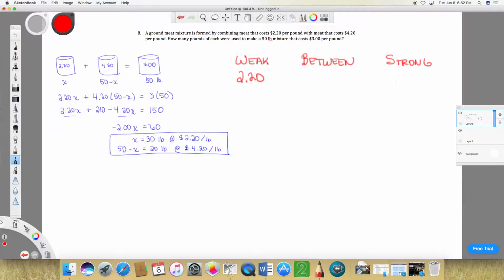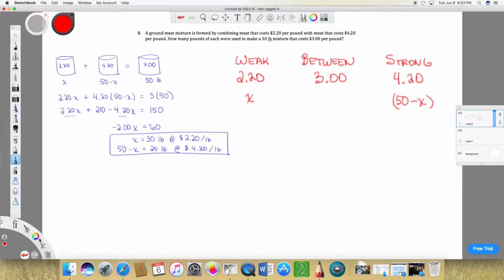The strong was $4.20 per pound, and the final mixture was $3 per pound. We let our variable X be the cheaper meat, which meant that the other had an amount of 50 minus X, because we were told that the final mixture had a weight of 50.